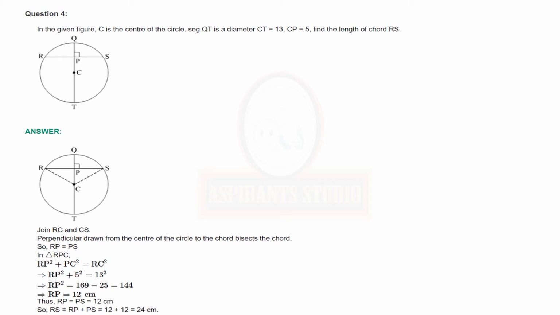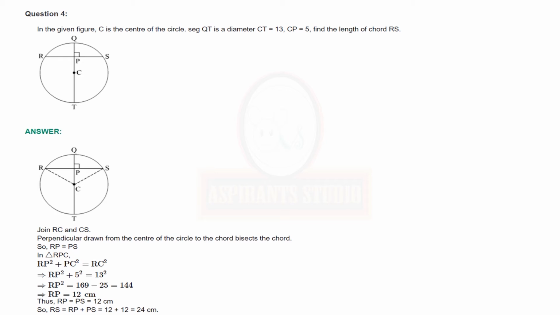Therefore RP square will be equal to 169 minus 25. Bring plus 5 square to the other side of the equal to sign. You will be getting minus 5 square, which is otherwise minus 25. So 169 minus 25 will be 144. Therefore RP will be equal to square root of 144, which is 12 centimeters. Thus RP is equal to PS is equal to 12 centimeters.